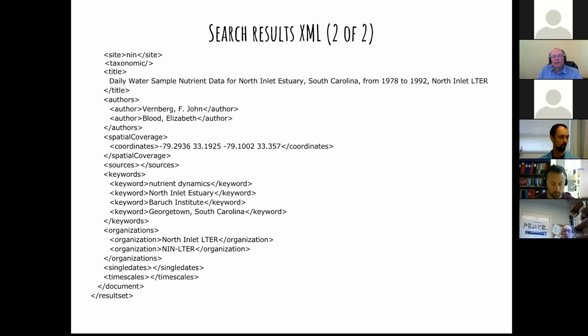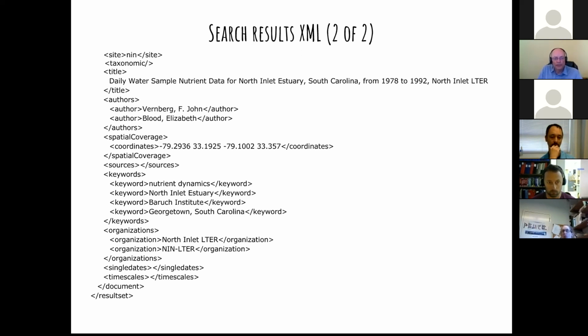There are also empty fields visible in these results, for example, taxonomic, single dates, and timescales. These are cases where these metadata fields were not provided in the original EML metadata, so there was nothing to index. Working with these search results is a matter of parsing out the fields that you're interested in from the XML.